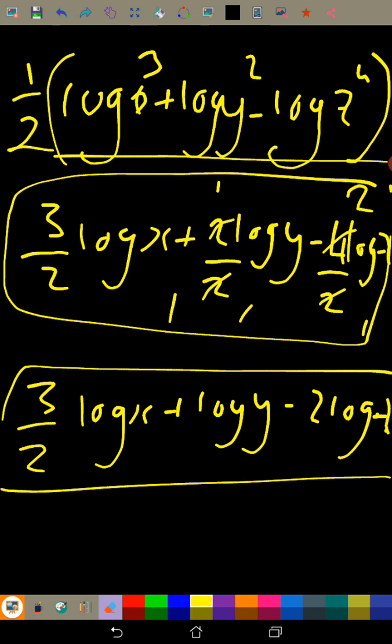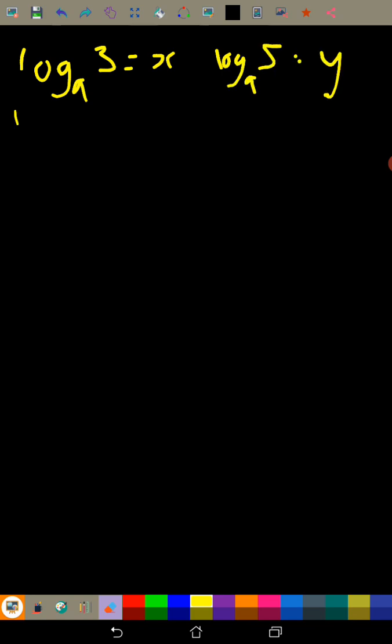Good. I'm quite satisfied with this revision, and here it's given that log to the base a of 3 is equal to x, log to the base a of 5 is equal to y, and log of 10 is equal to z, they are all to the base a.